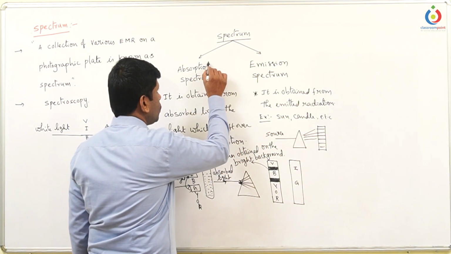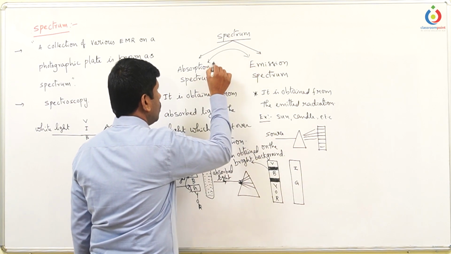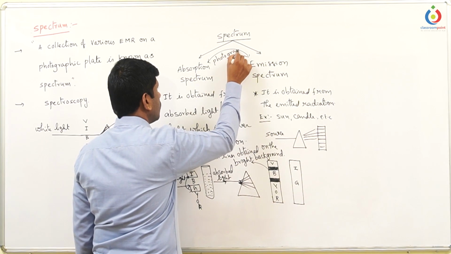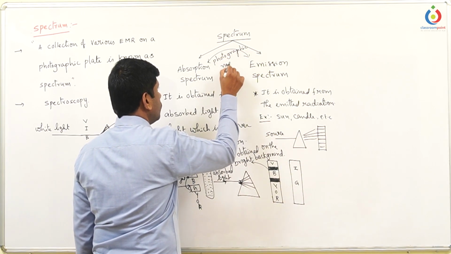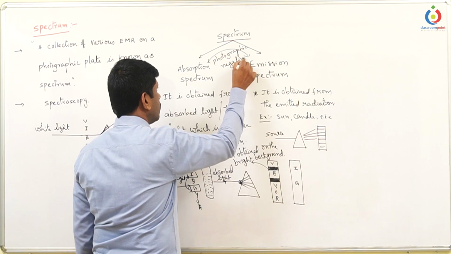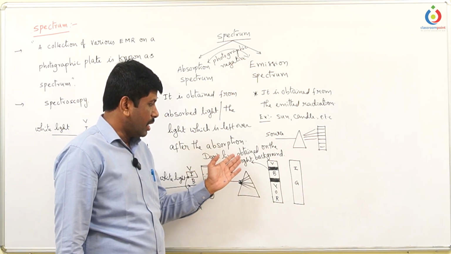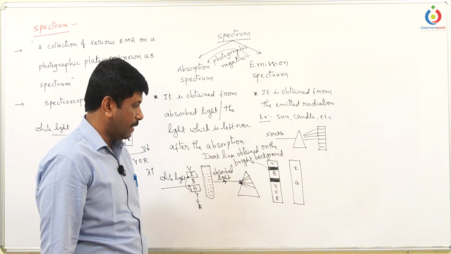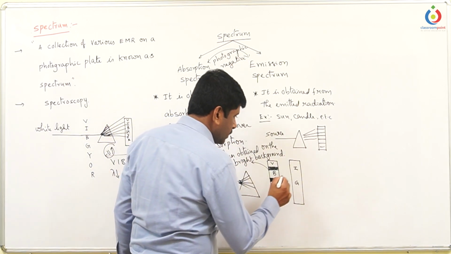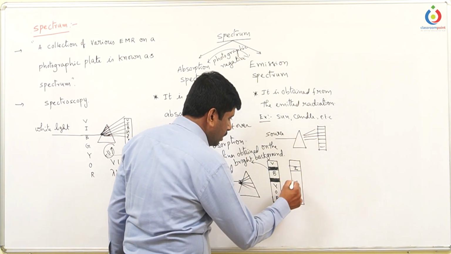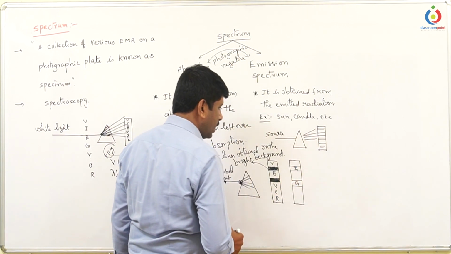That's why these two are called photographic negatives of each other, because wherever it is missing, there it is appearing. Now in this case, see here, in this area one complete line is obtained, and in this area one complete line is obtained.